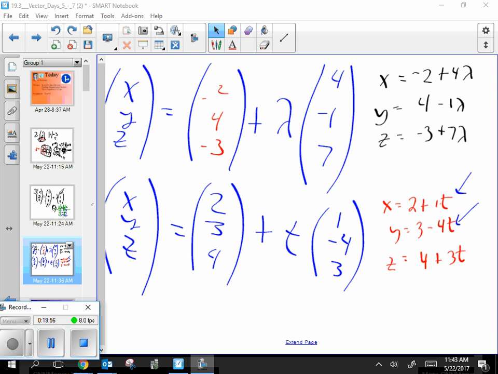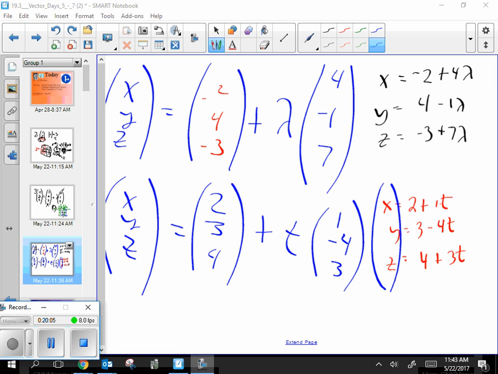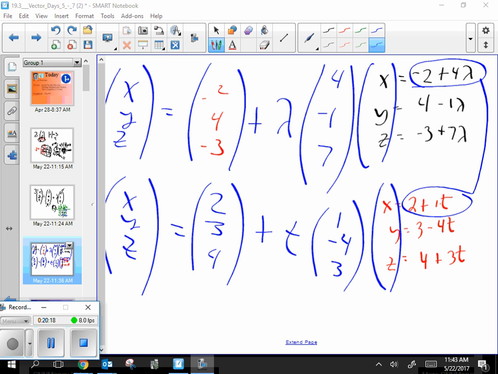What we are going to do is, would you agree that if we want to know if these guys intersect, then wouldn't this point xyz be the same as this point xyz? And therefore, wouldn't their x's have to be the same? As in, wouldn't that have to equal that?